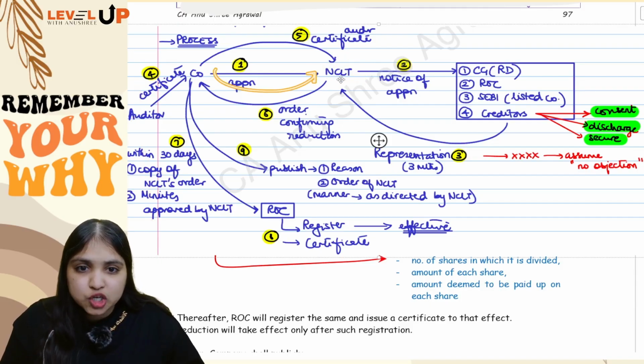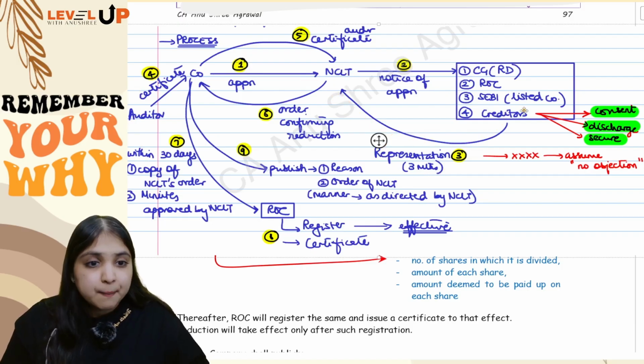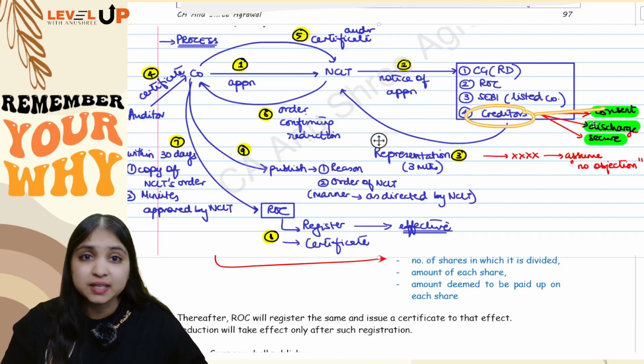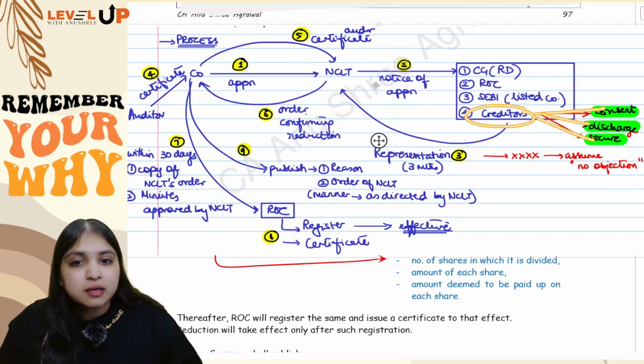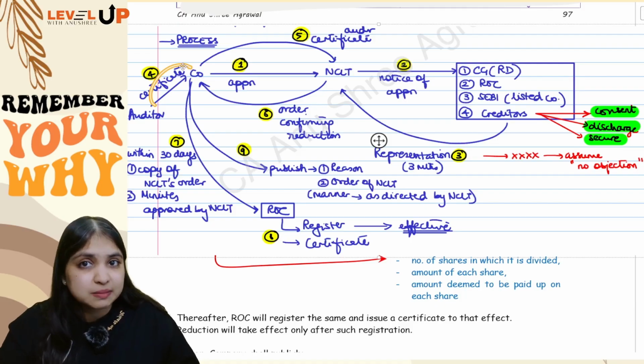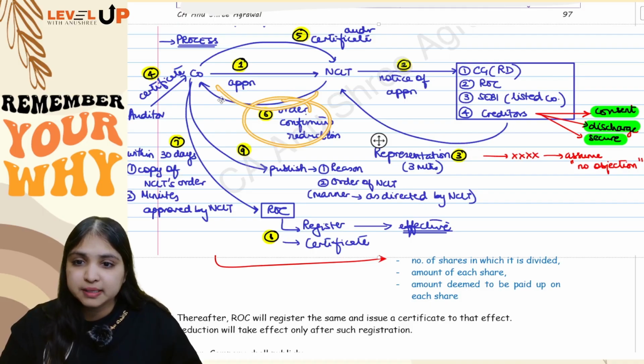The company will give an application to NCLT, NCLT will give notice to 4 people, and these 4 people will send representations within 3 months. If they don't send representation, it is as if they don't have objection, but for creditors there is special treatment: either get their consent, or discharge them, or give them security. Then after all of this, the auditor will give a certificate saying that the accounting treatment is as per applicable accounting standards. Then NCLT will pass an order confirming the reduction.